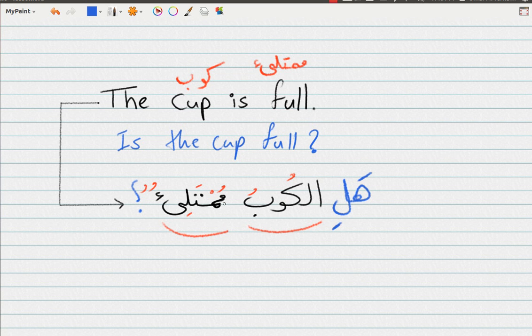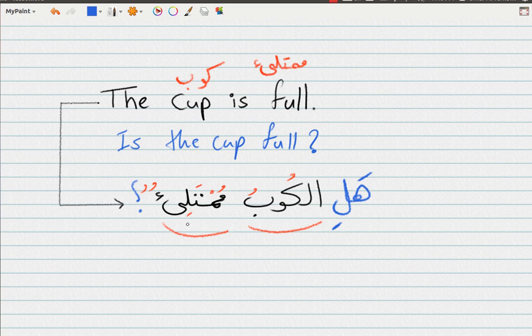This is just to make the pronunciation easier and the sentence more fluid when reading it.